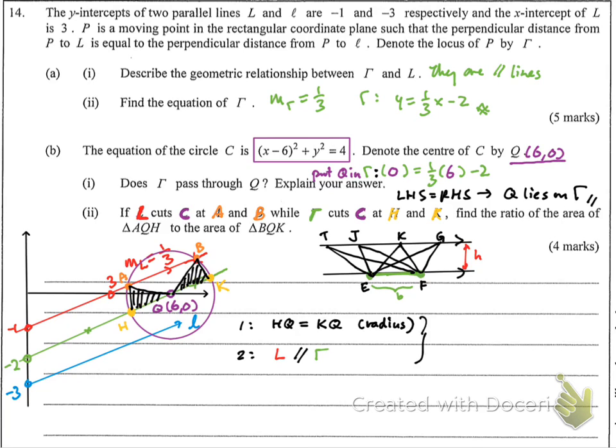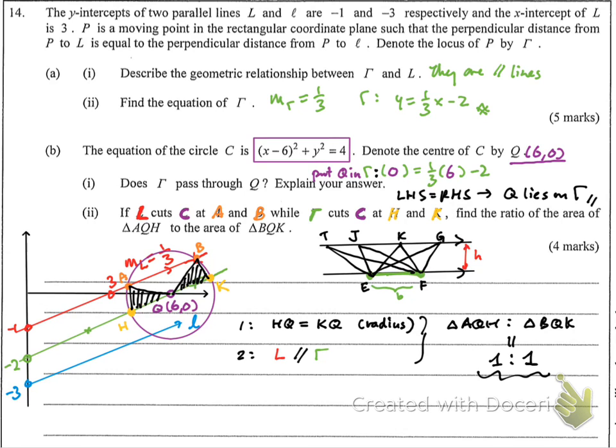So we can conclude that the area of triangle AQH to the area of triangle BQK is 1:1. They have the same area because they have the same base, the radius, and the same height.